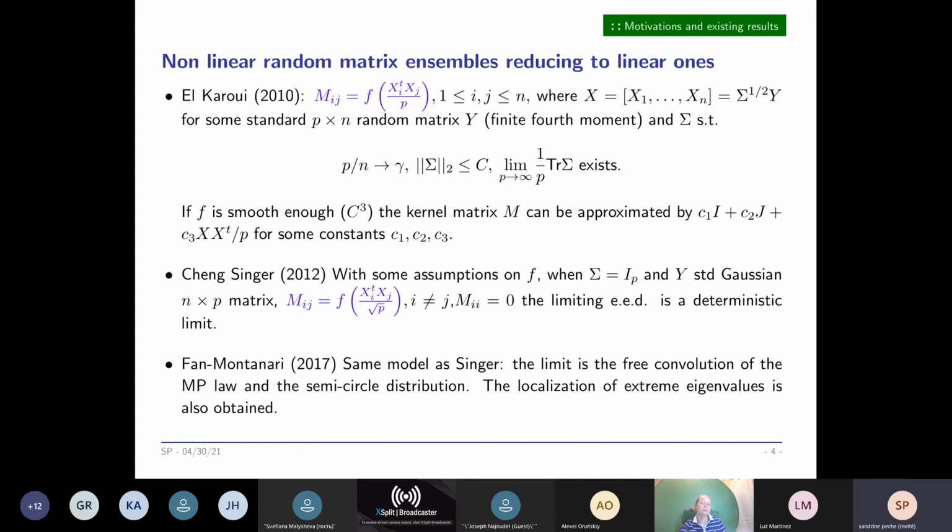Okay, but Fan and Montanari have shown that something can happen for these nonlinear ensembles, and in particular, the behavior of extreme eigenvalues may be completely different. They indeed show that due to nonlinearity, some eigenvalues exit the bulk of the spectrum. So there are indeed some interesting features in this model.